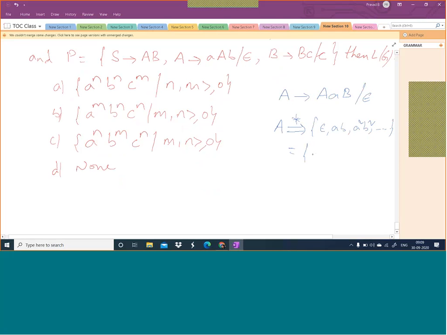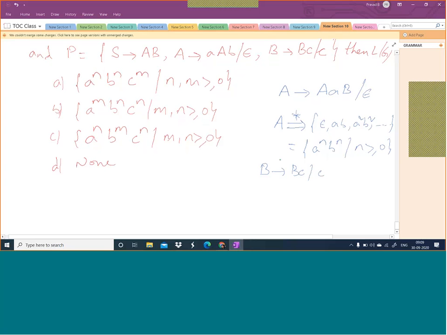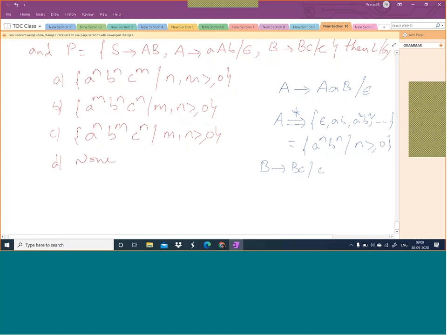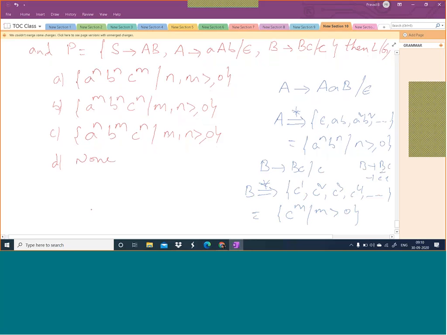So this will give A power n, B power n, n greater than or equal to 0. And B's productions are bC and C. Here the smallest string is C, and if I go for bC, then B place C, it will give C square, like that C cube, C power 4, and so on. So here it is C power m, and m's minimum value is 1.